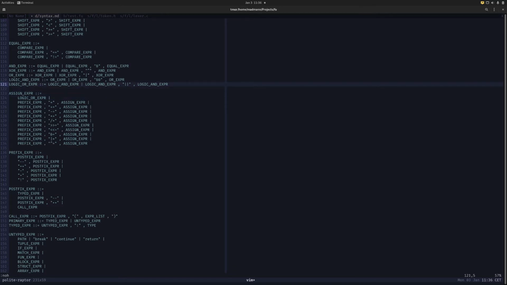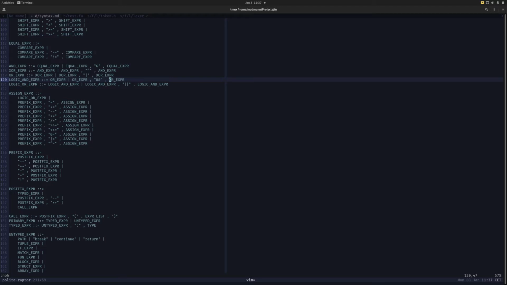And a logic OR expression, it's badly named in a sense because a logic OR can be a logic AND, but you get what I'm trying to say. It's a logic AND expression or a logic AND expression ORed with another logic AND expression, which is why it's called a logic OR expression. And then similarly, the logic AND is either an OR expression or an OR expression followed by the logic AND operator followed by an OR expression.